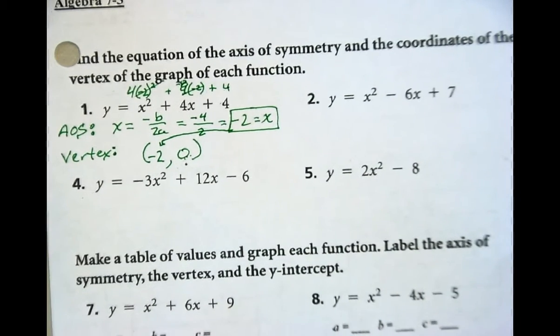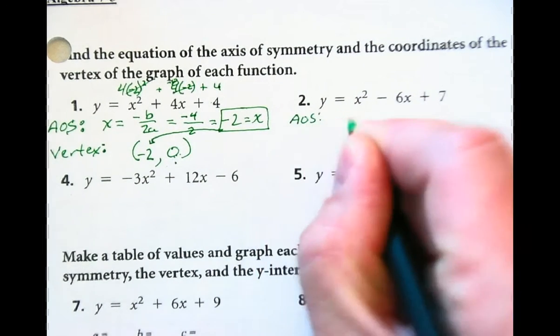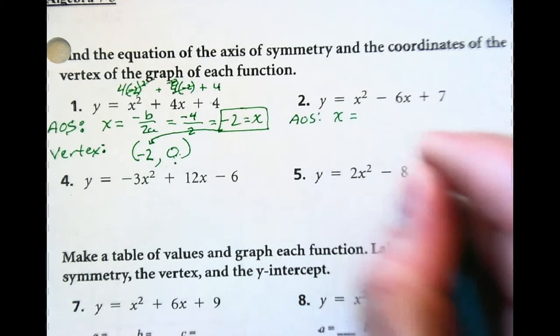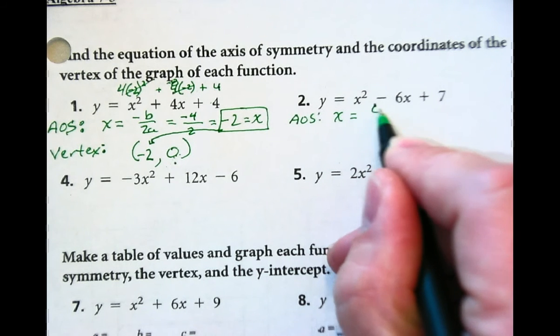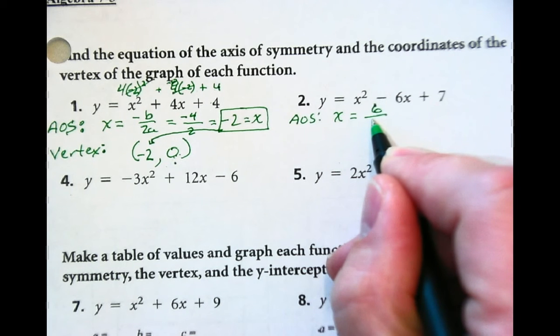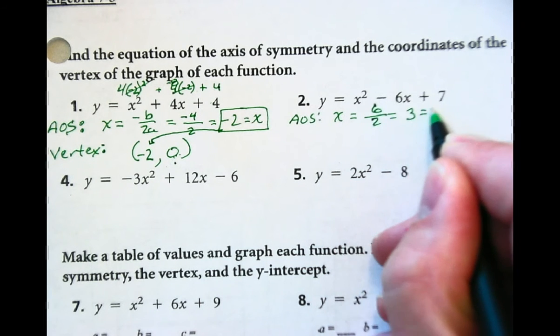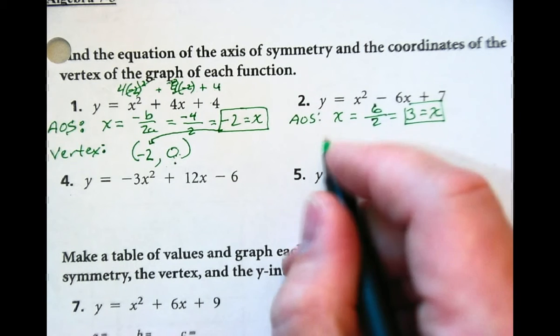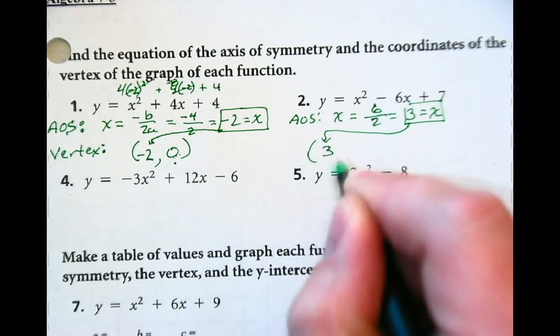Okay? So let's try another one real quick. Axis of symmetry right here. Okay, x equals, what's the opposite of b? 6. What's 2a? 2. So we get x equals 3. Okay, there's our axis of symmetry. That tells us our x value. We get to drop that in right there of our vertex.